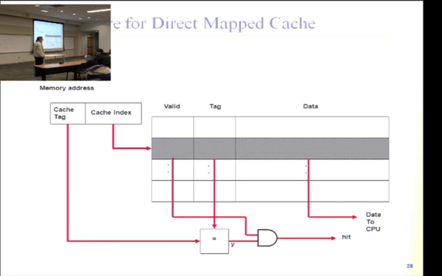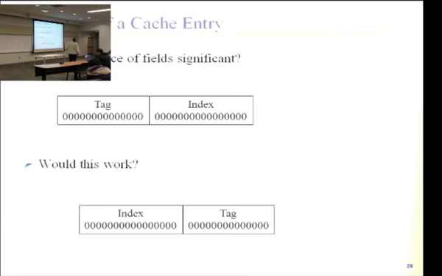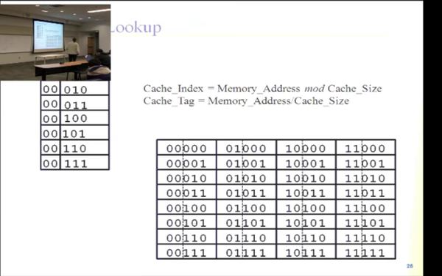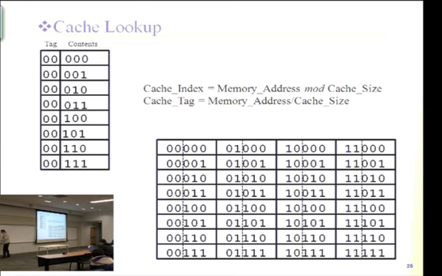Questions? Yes. I'm sorry? How does the tag help? Well, as I said, how are you going to distinguish whether it is address 0 or address 8? The tag will tell you by the difference between these two bits. Basically, you have a memory that is larger than the cache.